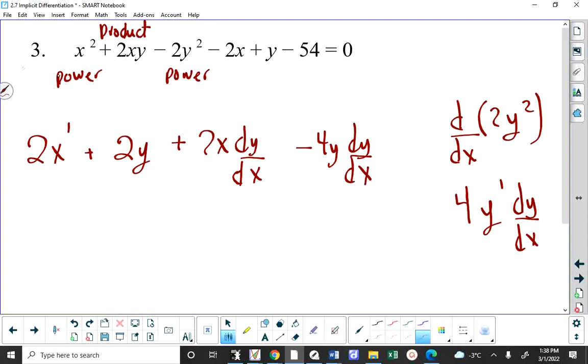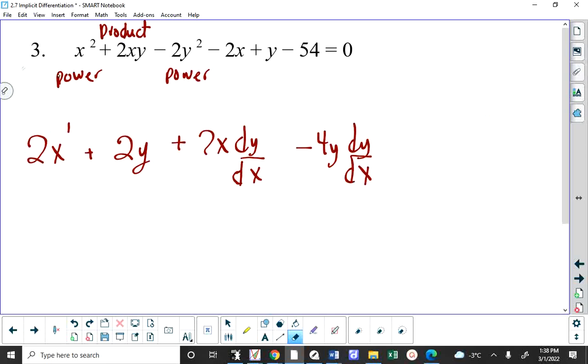Then we have minus 2x, and I think I can dispense with all of the explanations on the side now. It is a power, 2x to the 1. I wrap the 1 around the x, it becomes 2x to the 0, which is 2. So it's minus 2. I guess technically this is a power as well. I'm going to wrap that exponent of 1 around the base and get 1y to the 0.